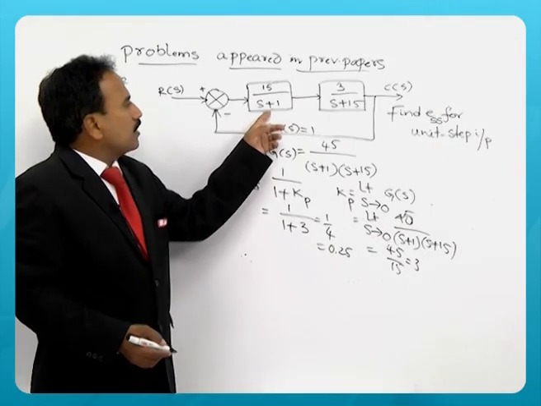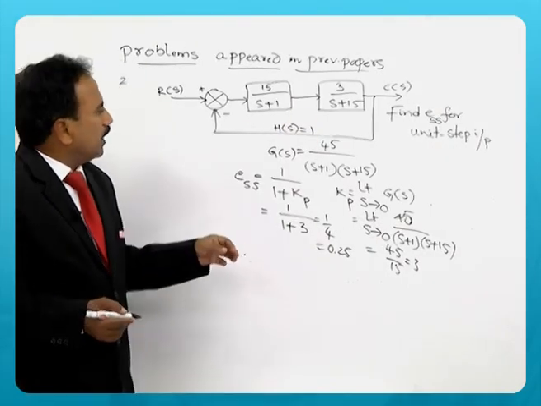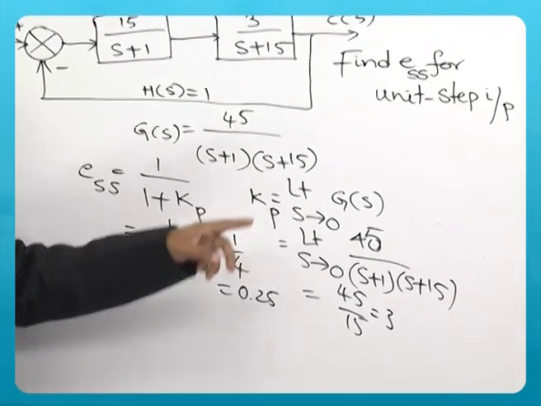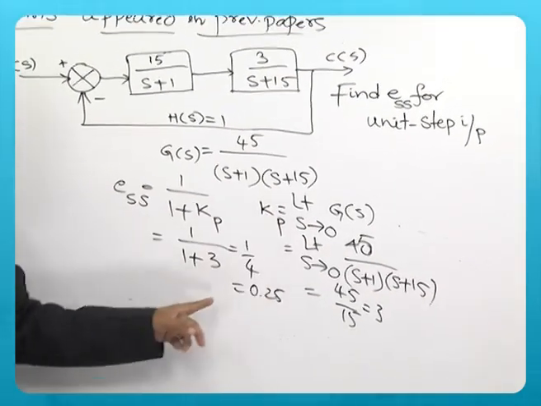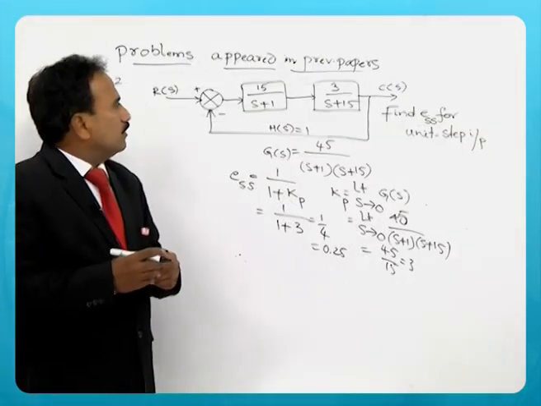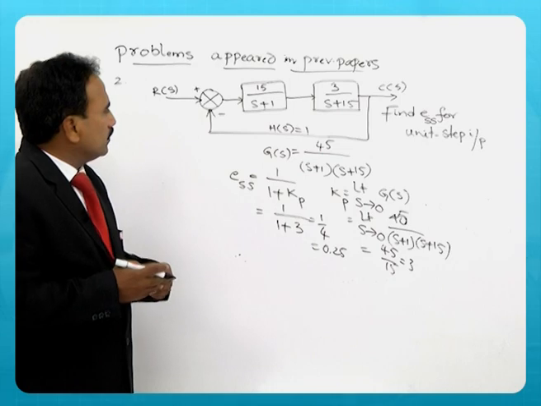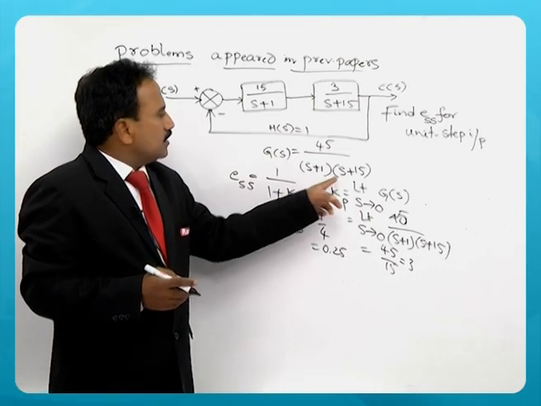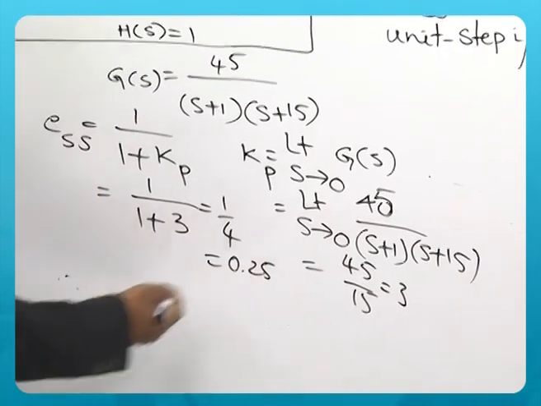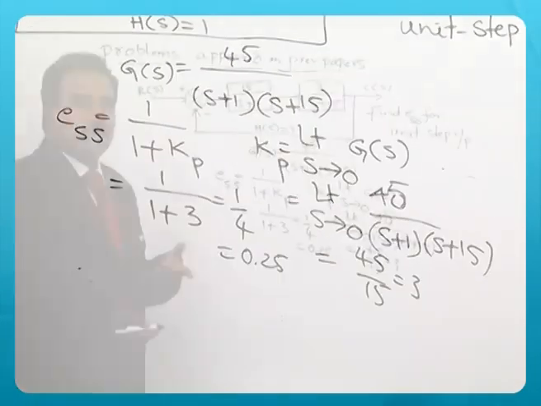So, when blocks are given in this way, you need to calculate the steady state error after combining the 2 blocks, find Kp and then steady state error, it is 0.25. The meaning of this: it is a system of second order and you got the steady state error of 0.25. What does it mean?